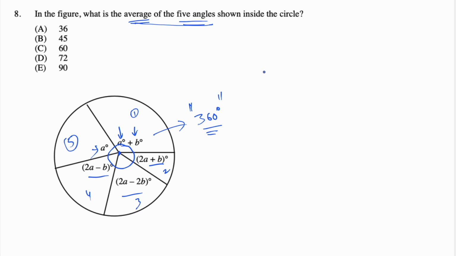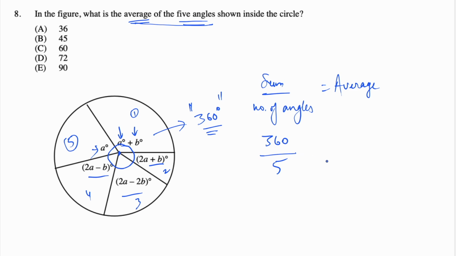So we can just say that the sum divided by the number of angles is the average. So the sum is 360 degrees and the number of angles is 5.